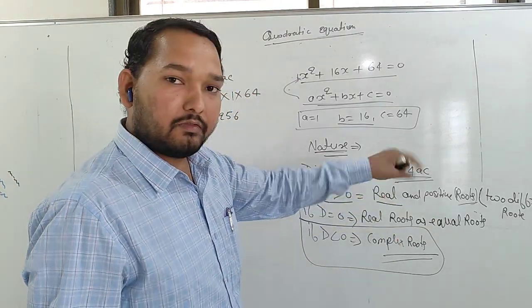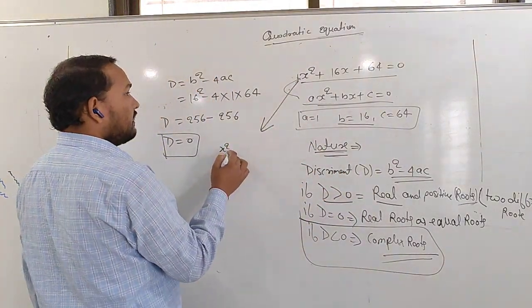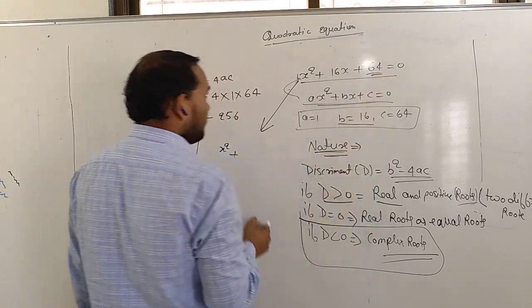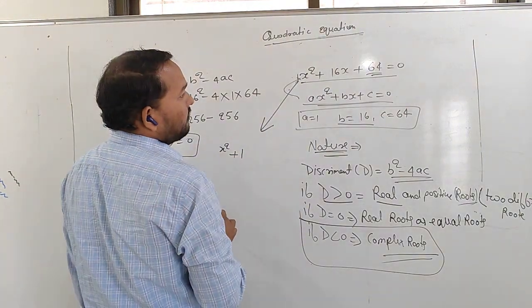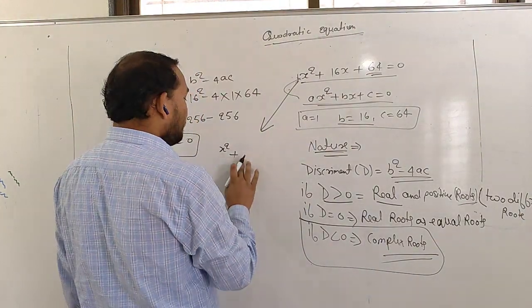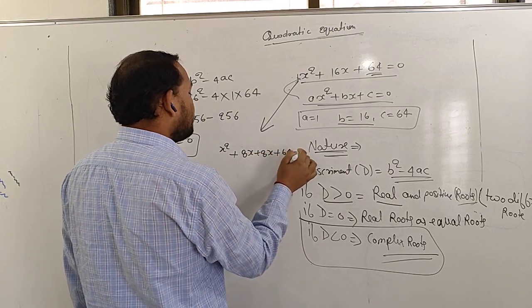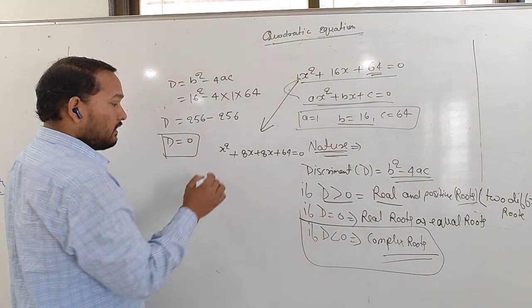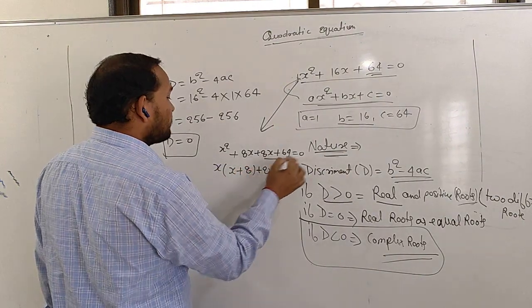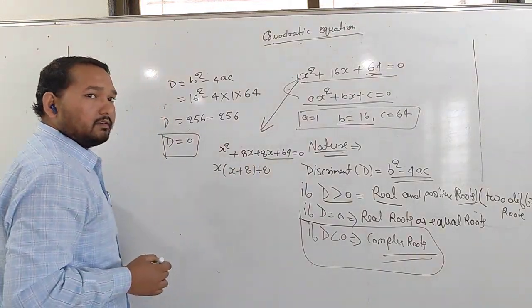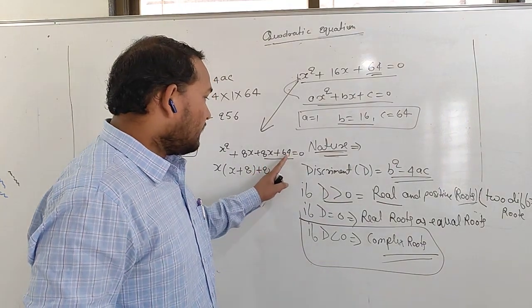Now check what the equal root is. We have the factorization method. Using the factorization method, x square plus 16x plus 64, we factorize 64 as 8 times 8. So x square plus 8x plus 8x plus 64 is equal to 0, and we take x common. Then x plus 8, and once again 8 is common, because we take a common number only if it comes in the table.